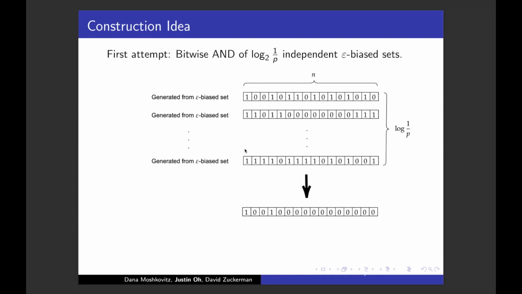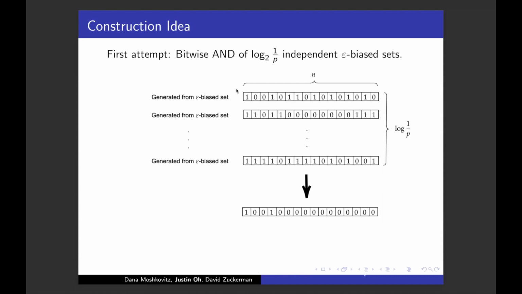So if a column is all ones, then the output is 1. And for the rest, if any of the columns contains a 0, then the output will be 0. And it's not hard to see that the marginals should be close to p. And intuitively, if you took completely uniformly random, not epsilon biased, but just log 1 over p independent uniformly random samples from {0,1}^n, then this would give you exactly D_{p,n}.